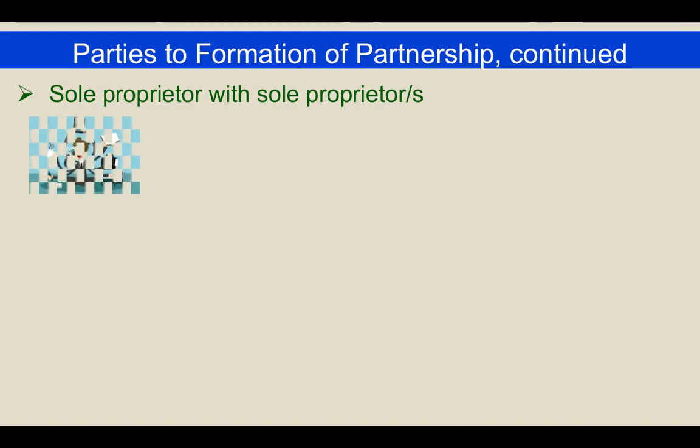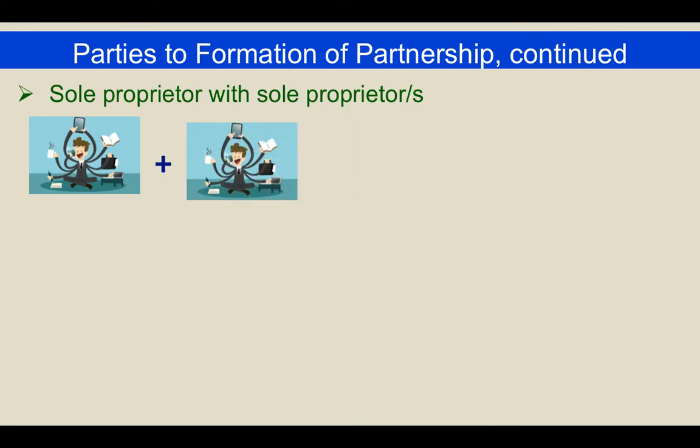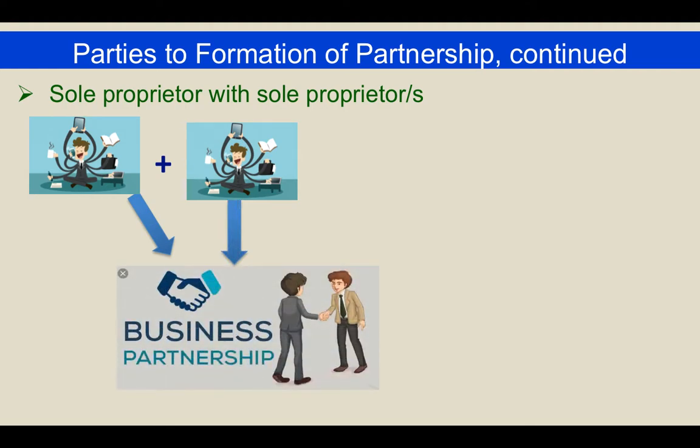And another way of forming a partnership is a sole proprietor with another sole proprietor or proprietors. Okay? So a proprietor can invite another proprietor to join together to establish a partnership. Or they can also invite other proprietors to be part of their partnership. Okay, class?